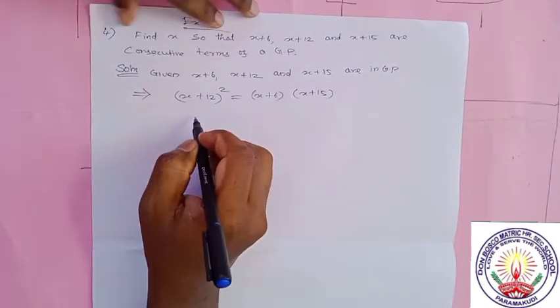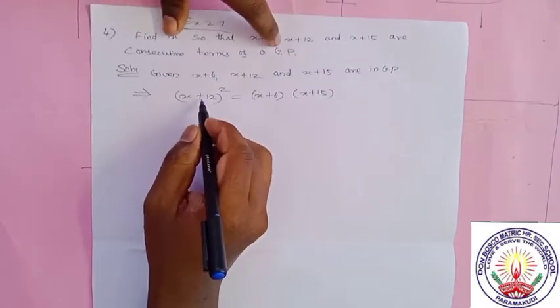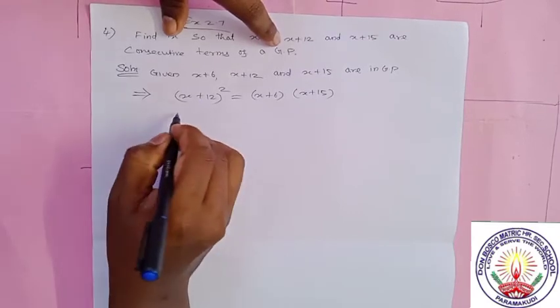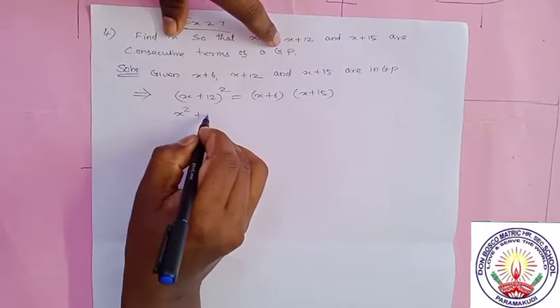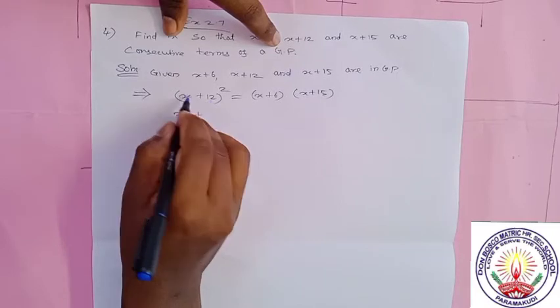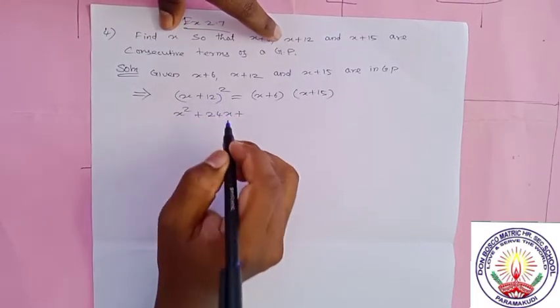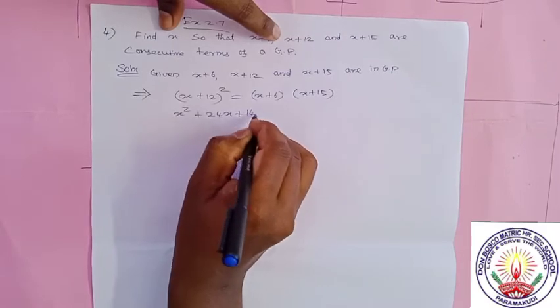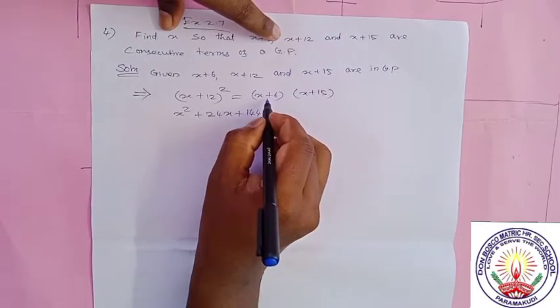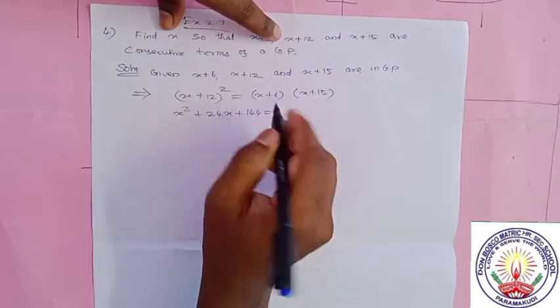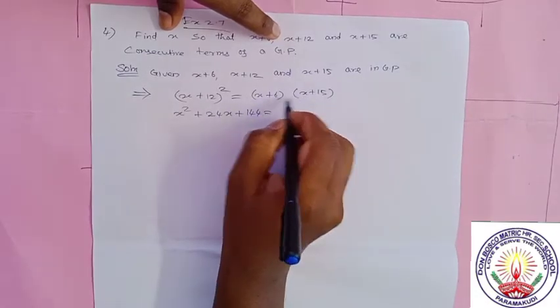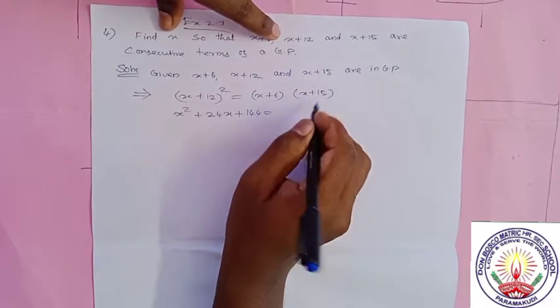Now it is a plus b the whole square form. A plus b the whole square is equal to a square plus 2ab plus b square. So a square, plus 2ab means 2 into 12, 24, 24 into x, 24x, plus b square is equal to 12 square, which is 144. The right side is of the form x plus a into x plus b. The formula is x square plus a plus b into x plus a into b.